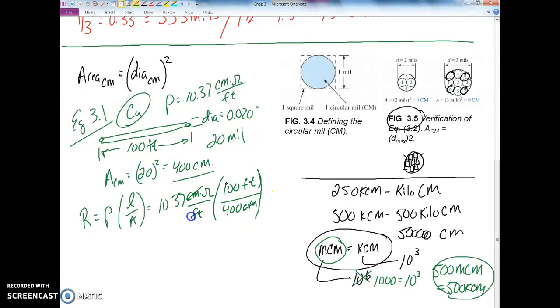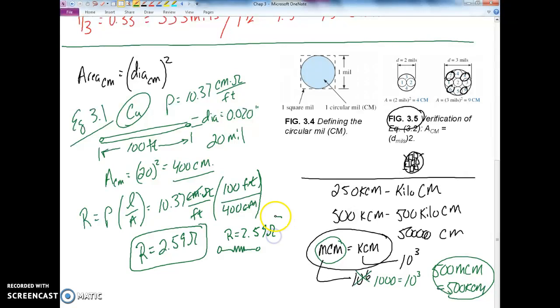Circular mils cancel, feet cancel, and we're left with ohms for units. You get 10.37 times 100 divided by 400, and if the book is correct, that should turn out to be 2.59 ohms. And quite literally, that wire electrically could be represented as a resistor of 2.59 ohms.